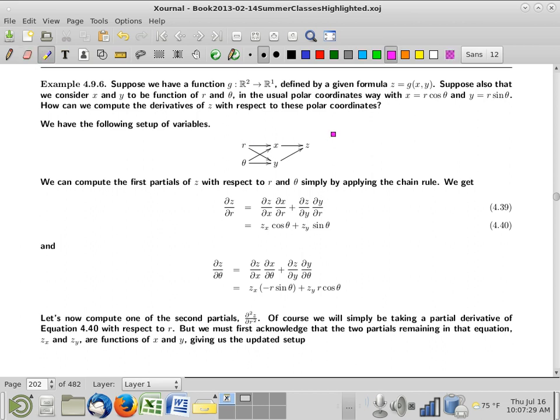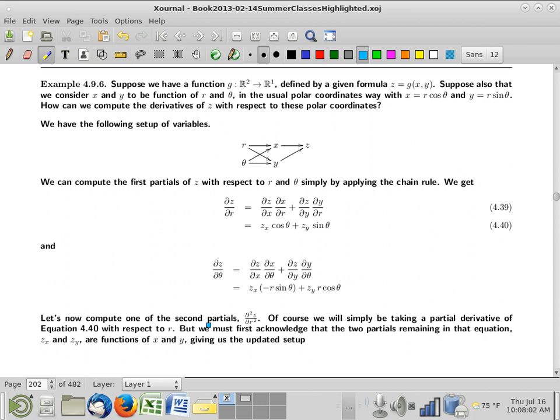And then notice that conveniently, the partial of x with respect to r, I know that's easy. X is r cosine theta, so that r partial is just cosine theta. And likewise, the partial of y with respect to r is something I can write down as well. So we get an easy formula here for the partial of z with respect to r. Similarly, for the partial of z with respect to theta, I'll let you fill in the blanks on that, same basic idea.